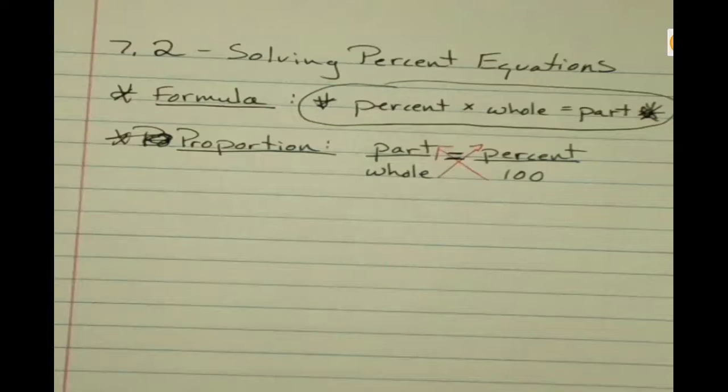Now, I'm going to show you a different method. One of the biggest problems, or if there's ever a problem, it's kids sometimes have trouble remembering what the whole is and what the part is. For some kids it's easy. For some it's difficult. Well, sometimes you don't even have to worry about it.